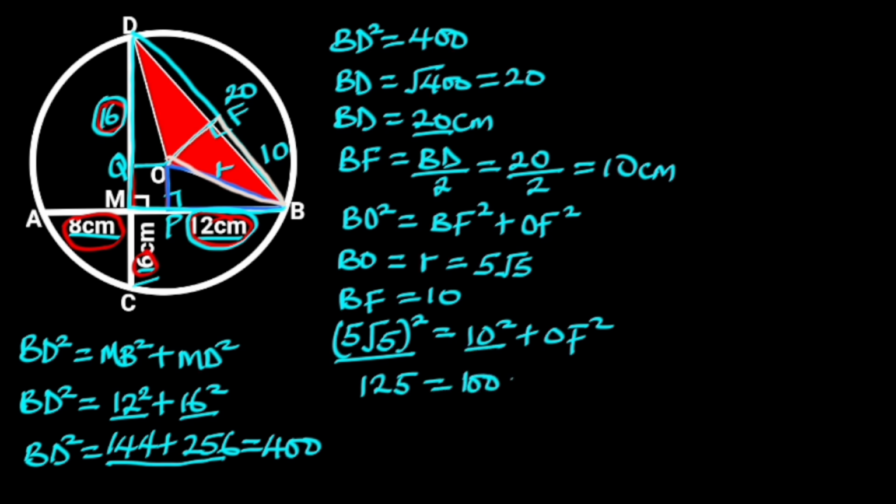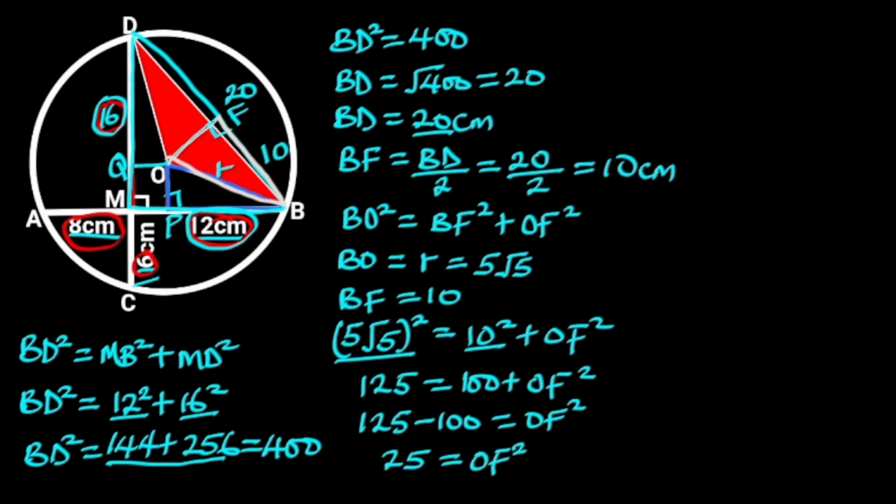So, 125 is equal to 100 plus OF square. Next, we take 100 to the left side. 100 going to the left will become negative since it is positive. It follows that 125 minus 100 equals OF square. 125 minus 100 is 25, and 25 equals OF square. Taking the square root of both sides will give us OF equals square root of 25, which is 5 centimeters.